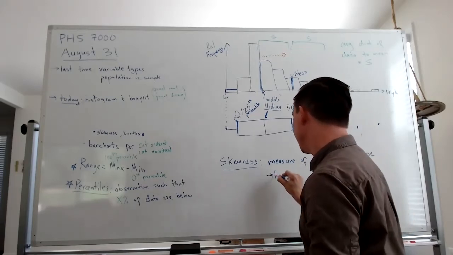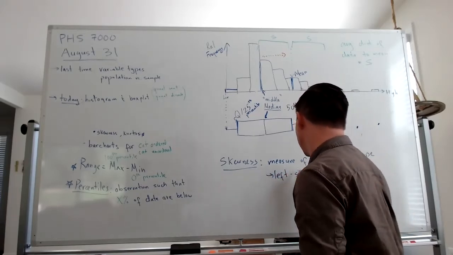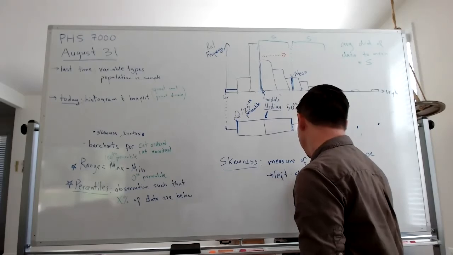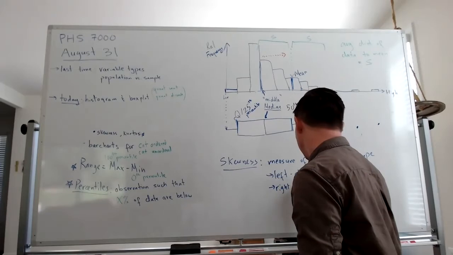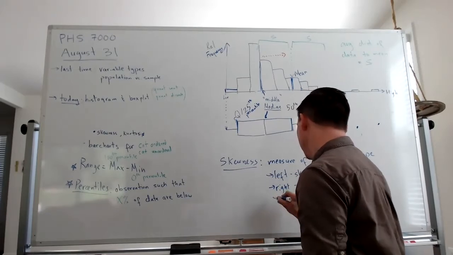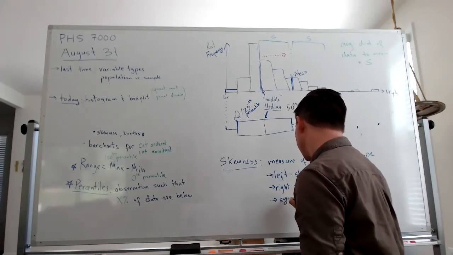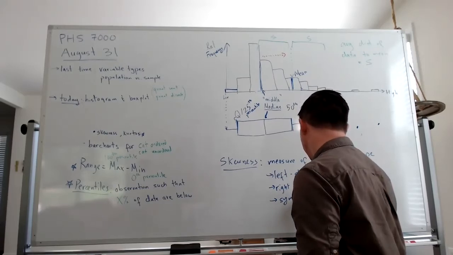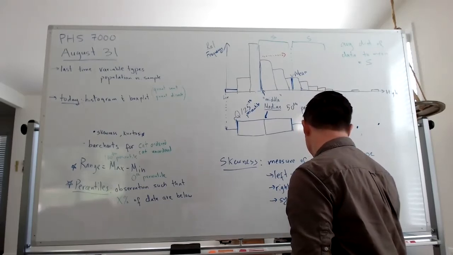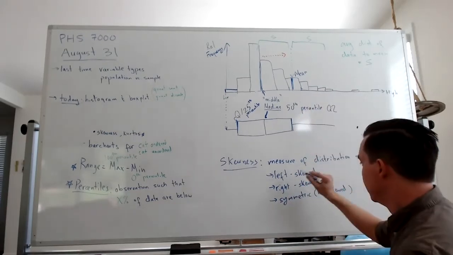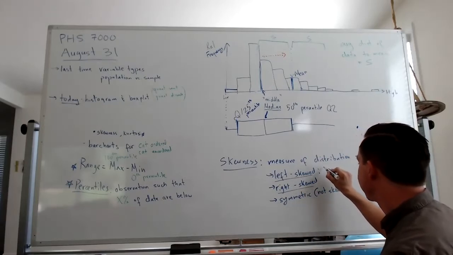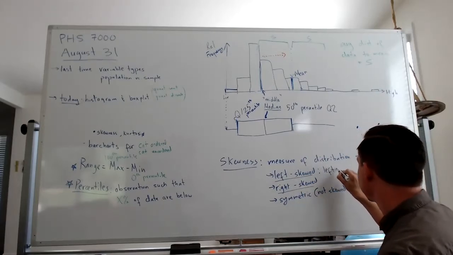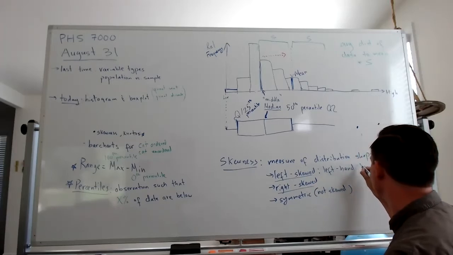it can be left skewed. It can be right skewed. Or it can be symmetric. Or in other words, not skewed. Left skewed, we say that the left hand tail is longer.